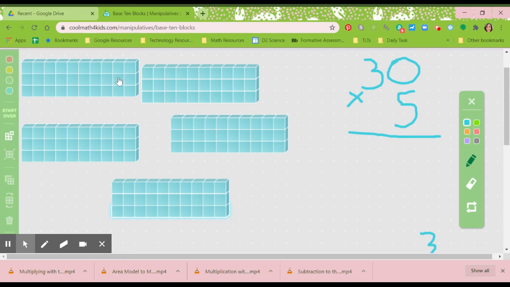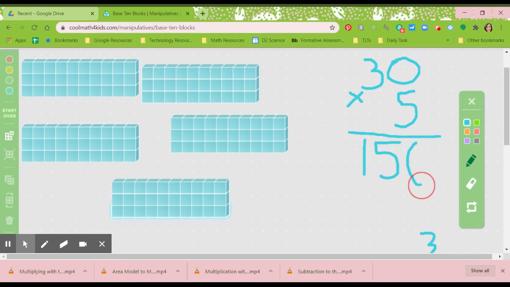Let's count them. 10, 20, 30, 40, 50, 60, 70, 80, 90, 100, 110, 120, 130, 140, 150. So I have 150. So 5 groups of 30, or 30 groups of 5, that is 150.